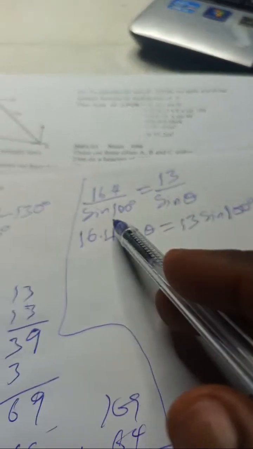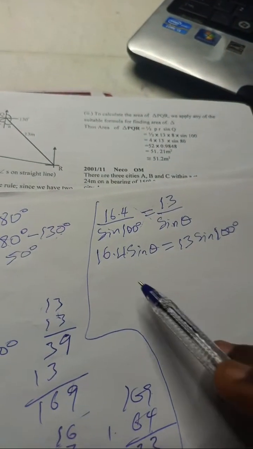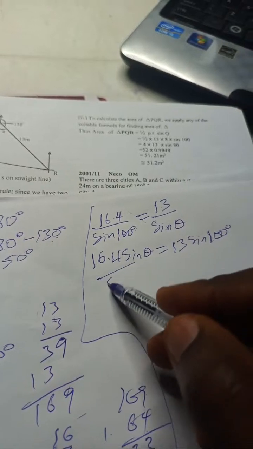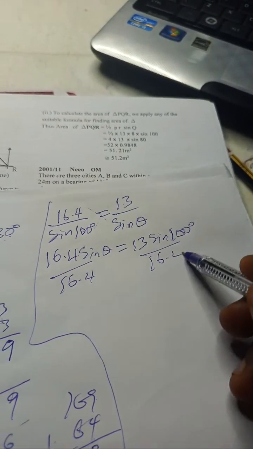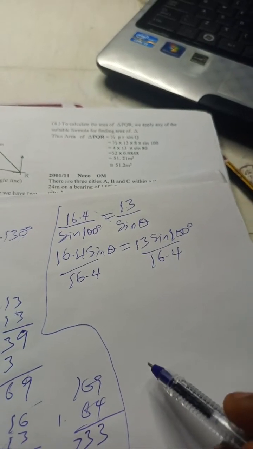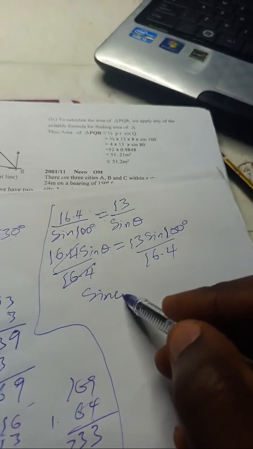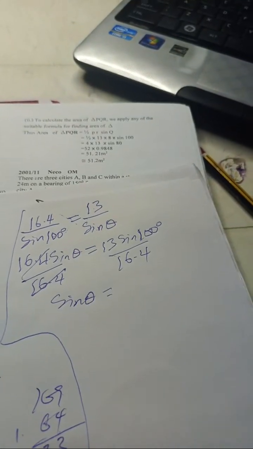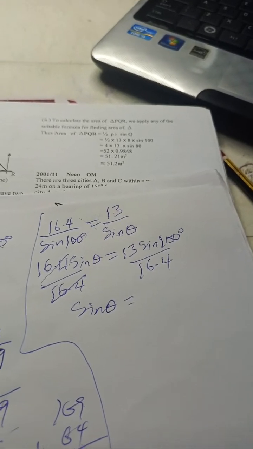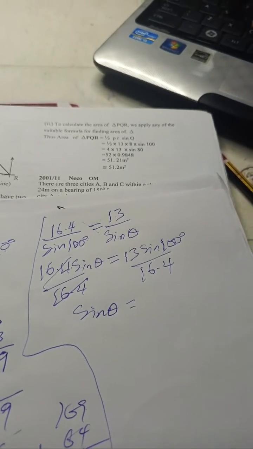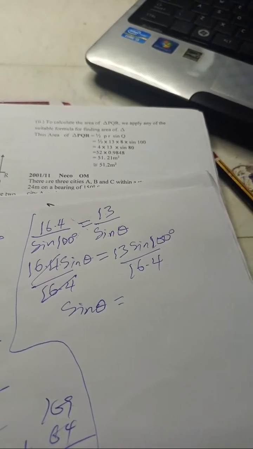Now we have to divide both sides by 16.4. So this cancels this, and we have sine theta is equal to 13 multiplied by sine 100, divided by 16.4. So sine 100 multiplied by 13, what do we have there?